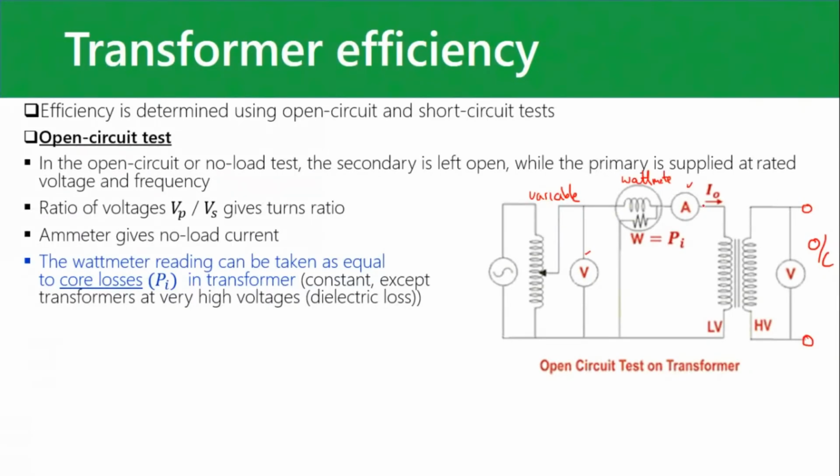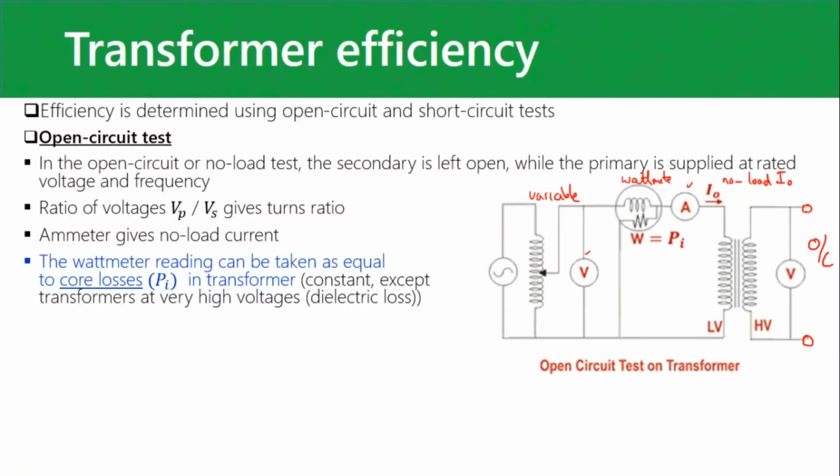What are you going to measure here? This current is going to be the no load current. Remember that I0? In other words, with the watt meter, how much power are we putting into this transformer, even though we're not connecting it to a load?